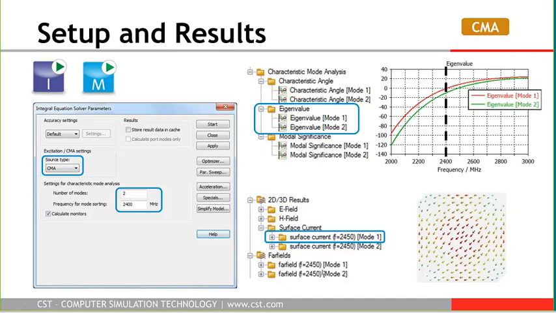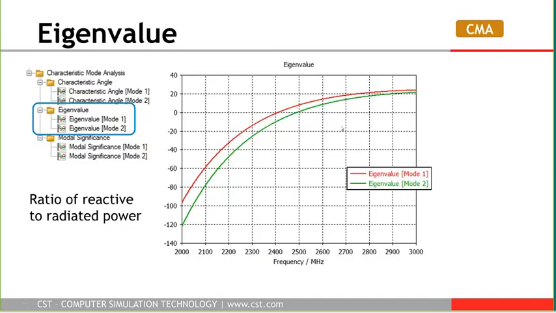Of course, you can calculate, as I've shown, the surface current distribution of each mode at the desired frequency. You can also calculate radiation or magnetic and electric field. So I said that the eigenvalue depends on the frequency, and it also has a special meaning, and the meaning is that it's a ratio of reactive to radiated power.